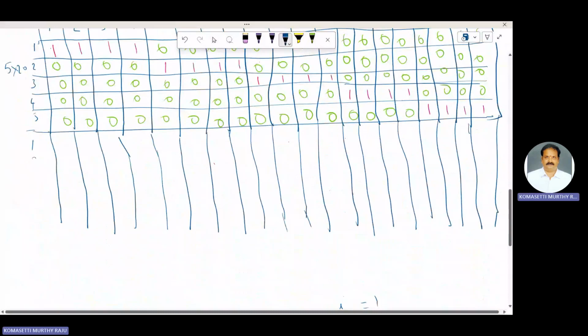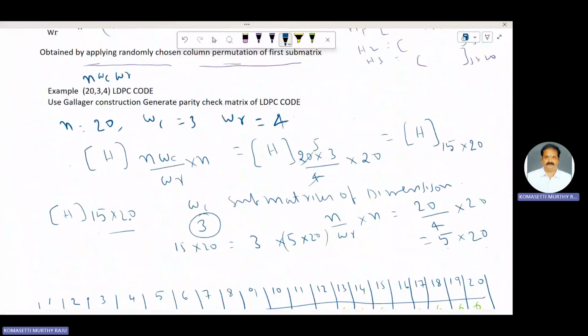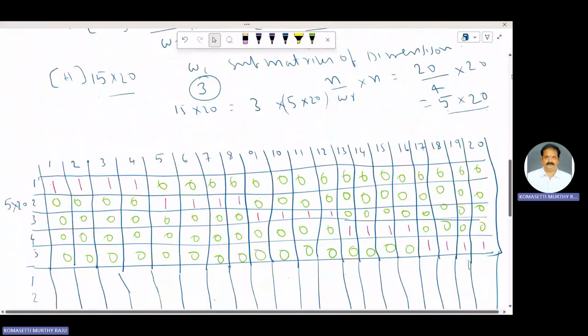This one is 1, 2, 3, 4, and 5. In this example, 15 cross 20 is divided into 3 submatrices, each of dimension 5 cross 20.